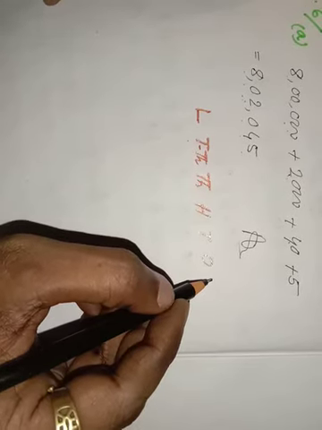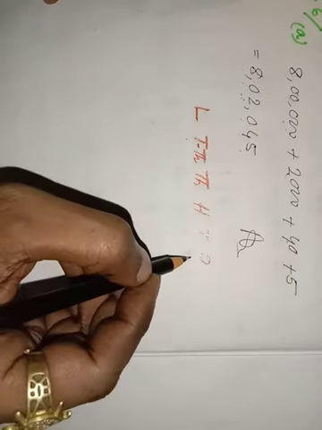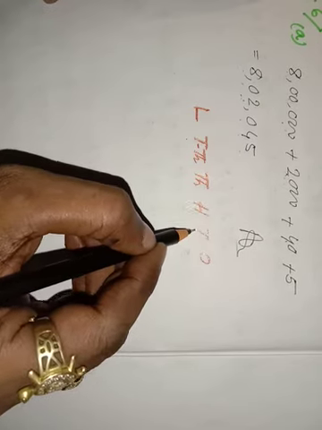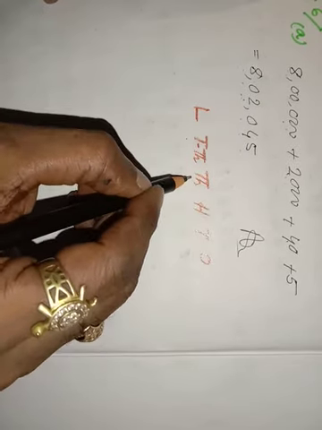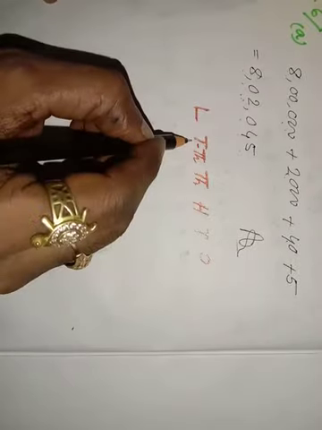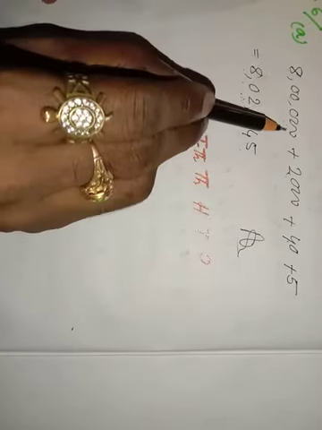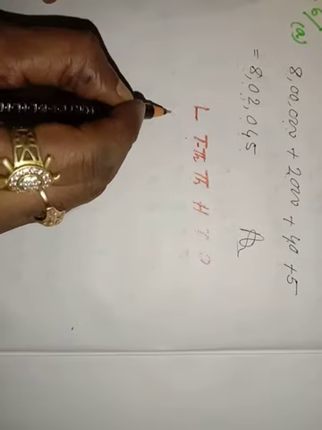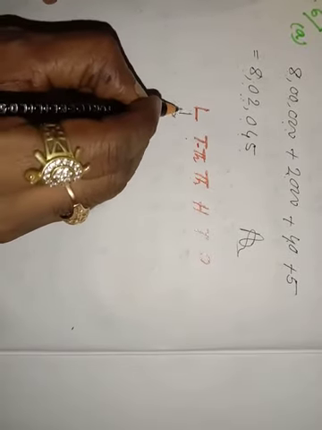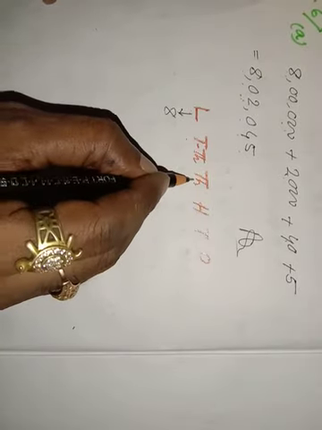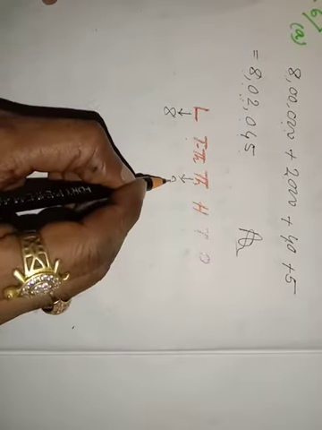Let me explain again the same sum in a different way. See, 1's place, 10's place, 100 place, 1000 place, 10,000 place and lakh place. See the question, it is given 8 lakh, means I have to write here 8 lakh. Next given 2000, where is 1000 place? This is 1000 place, I have to write here 2000.